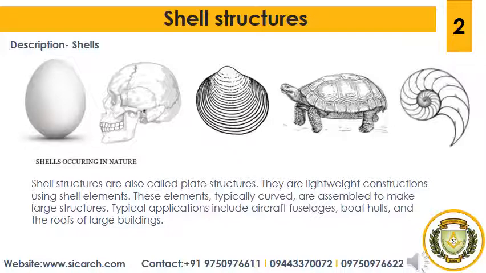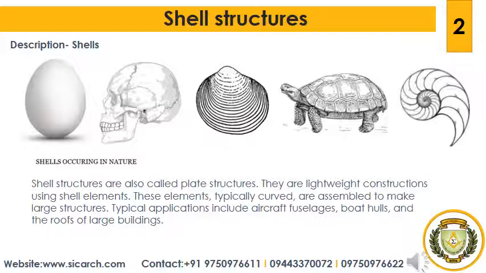So lattice and portal frame buildings consist of a structural frame which supports slab, roof and wall covering. So this frame serves purely as a structural support and provides protection against weather. So the roof and wall covering add nothing to the strength and the rigidity of the structural frame.